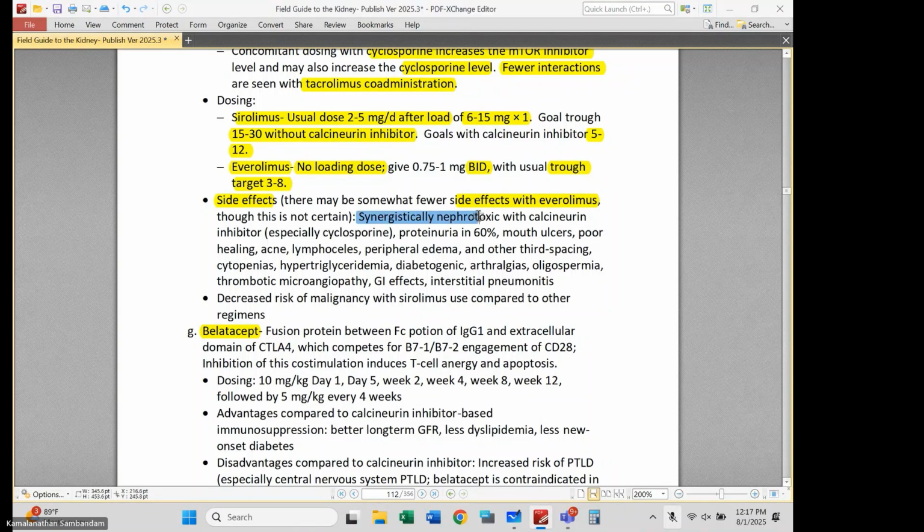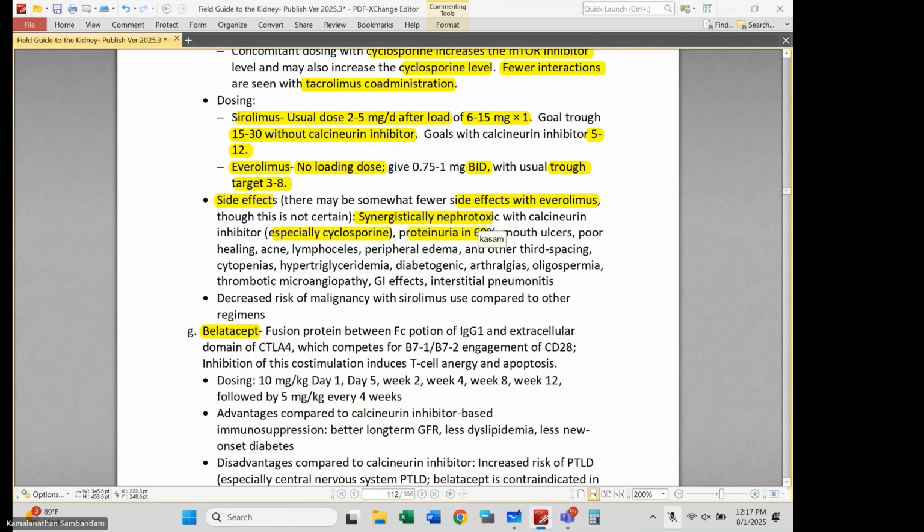We've talked about the synergistic nephrotoxicity with calcineurin inhibitors, with an emphasis on cyclosporin combinations being especially problematic. Some of the others to be aware of is proteinuria, okay?